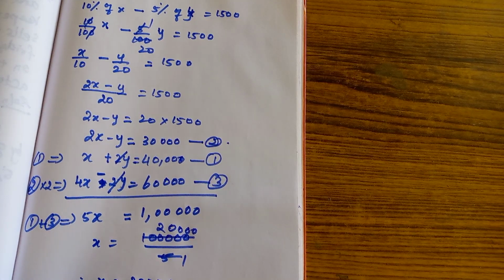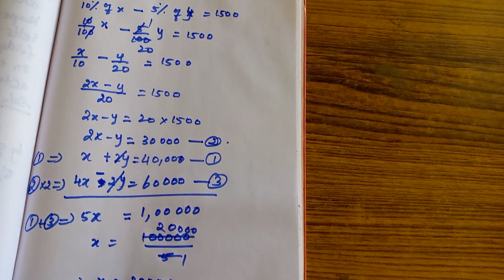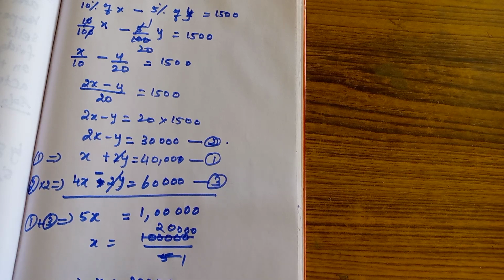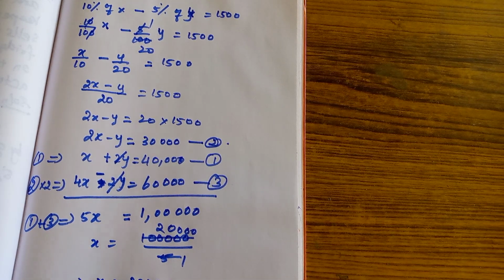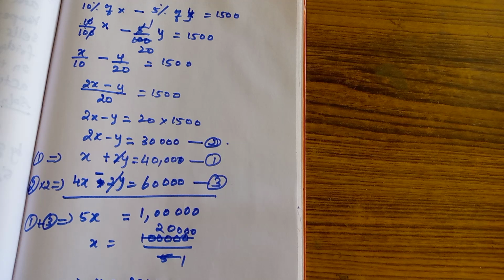Put x equal to 20,000 in any one equation. Let us take equation number 1: x plus 2y equal to 40,000. So x is equal to 20,000, so 20,000 plus 2y equal to 40,000.